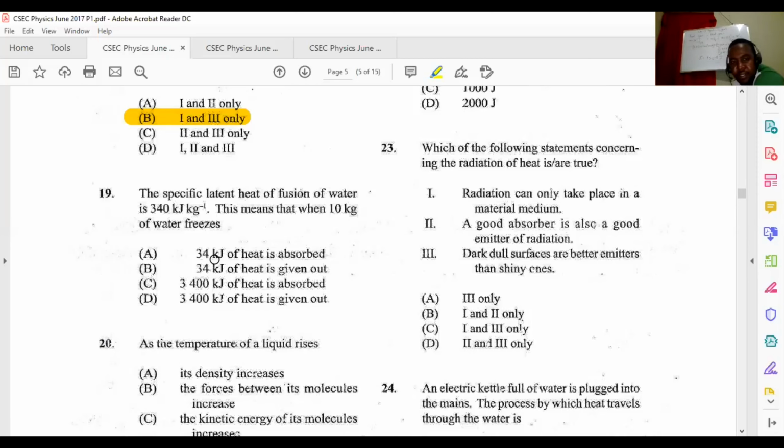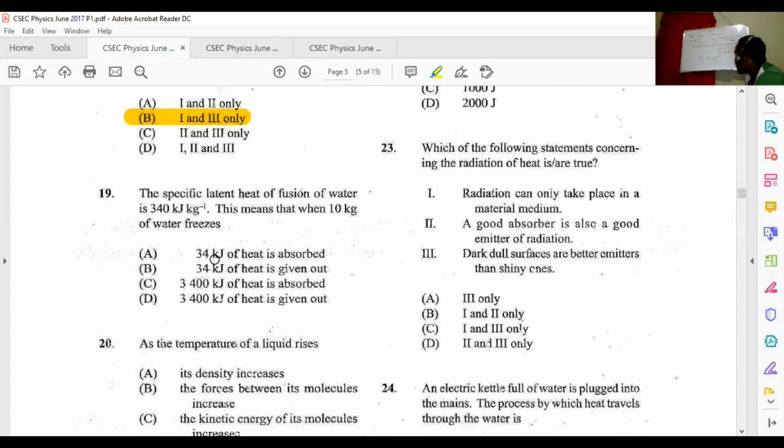All right, someone says C. Someone says D. All right, so I think the answer is between C or D. All right, someone is saying A. All right, so the question now, let's differentiate. Would heat be absorbed to change from solid to liquid or be given off? So from solid to liquid, it will be absorbed, right? So that means it eliminates B or D, right? So we have to absorb heat for it to change from solid to a liquid.